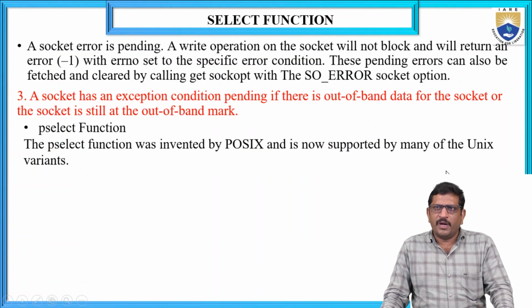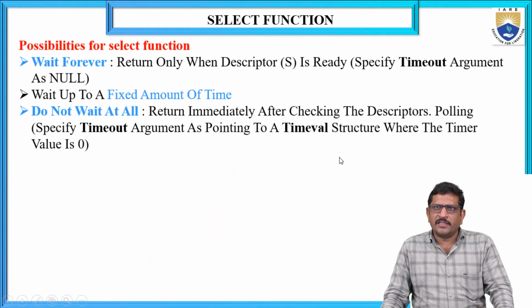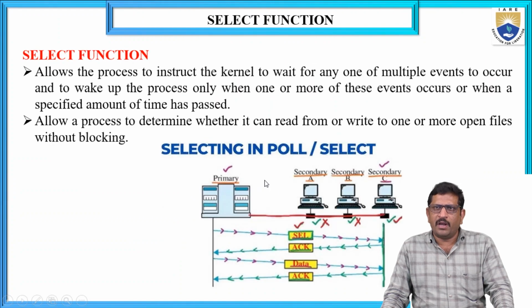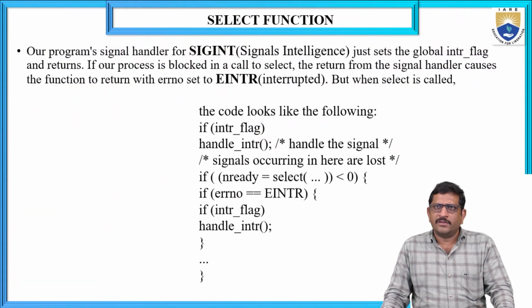Here you can see the number of secondary devices. Whatever device we want, we can select that particular device and transmit the data. So this is about the select function.